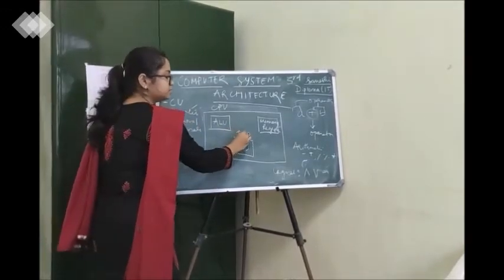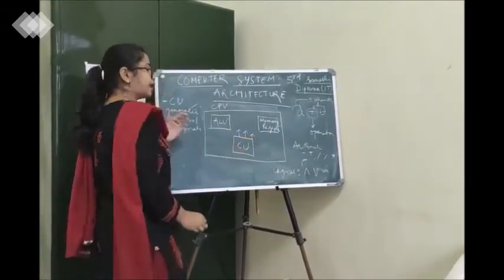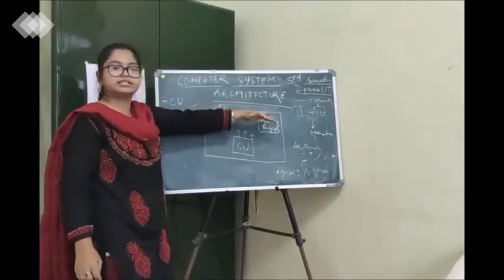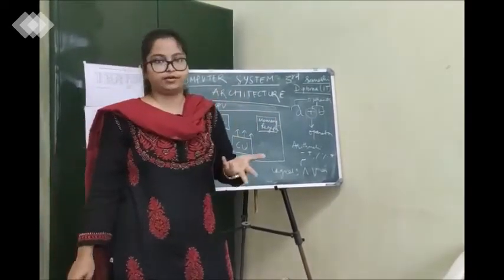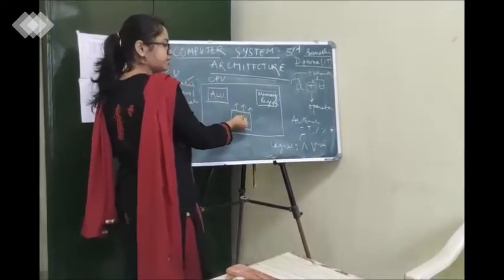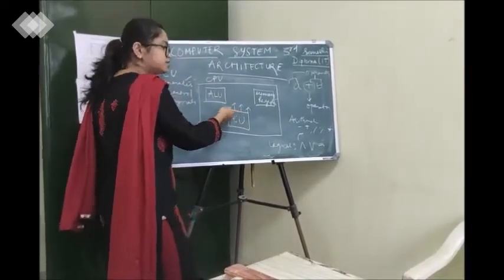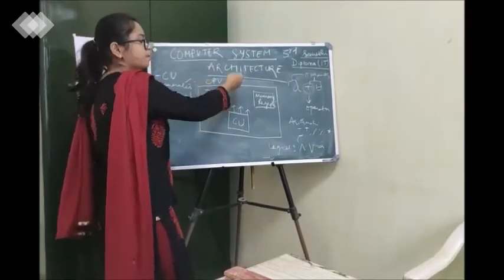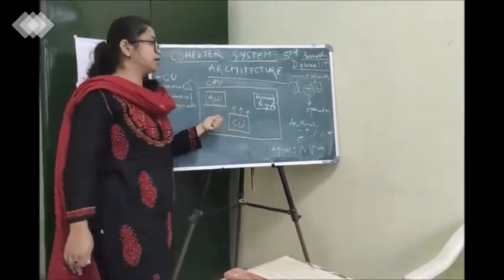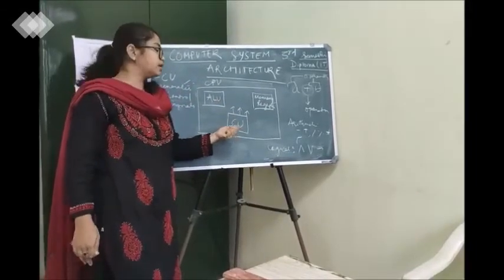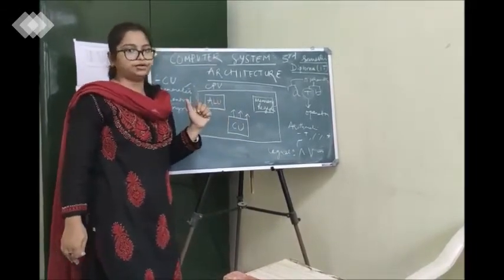It generates control signals, and when the appropriate signal reaches the ALU or memory register, they do certain work. The control unit generates signals which in turn determine which component is to be working when. So every operation is ultimately controlled by the control unit.